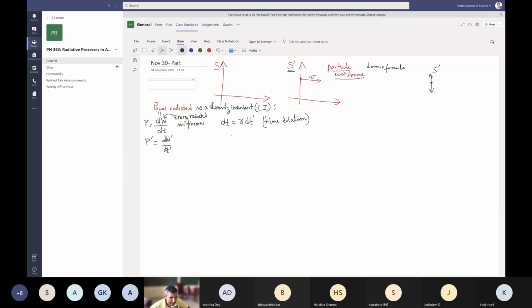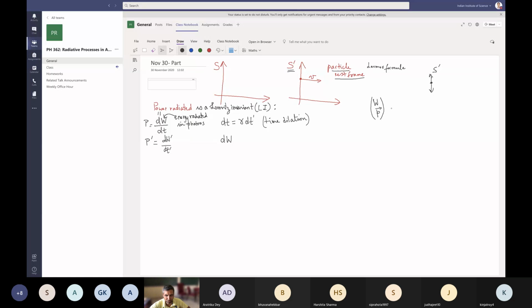What about energy? This energy is the change in energy in time dt prime. We know that energy-momentum is a 4-vector, even for photons.